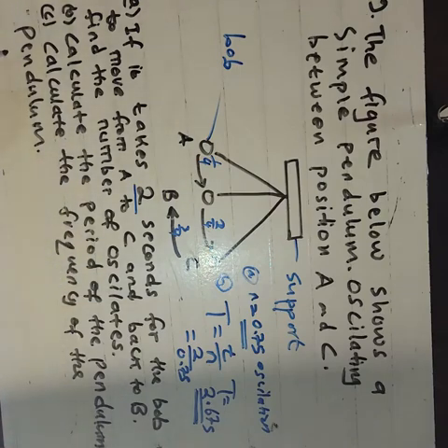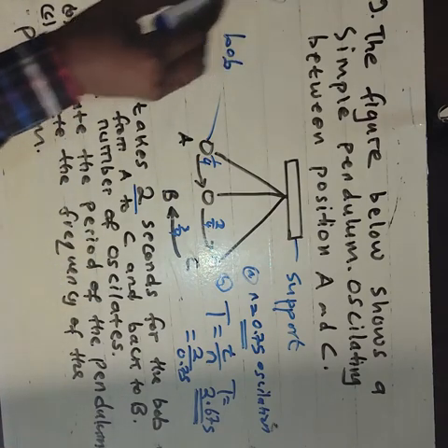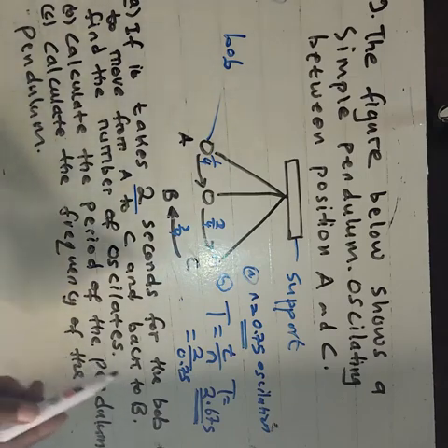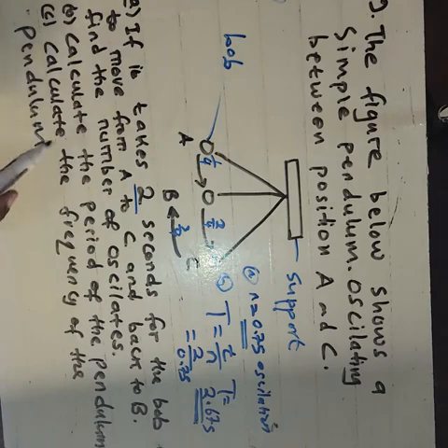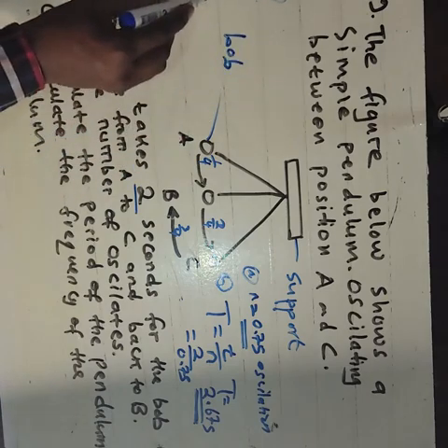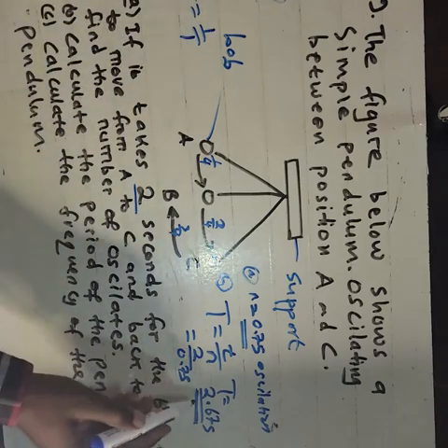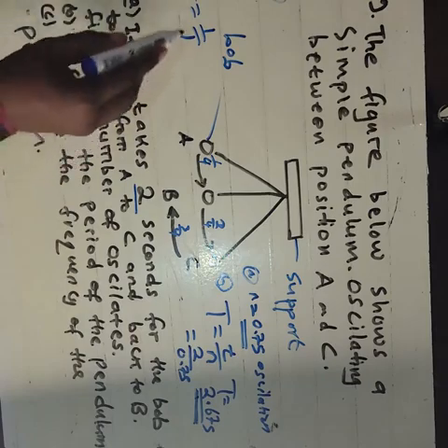Let's go to C. C, I'm going to answer it where there is space. Calculate the frequency of the pendulum. You can't calculate the frequency without finding the period, because the formula is frequency is equal to 1 over period. So without the period, you can't find the frequency.